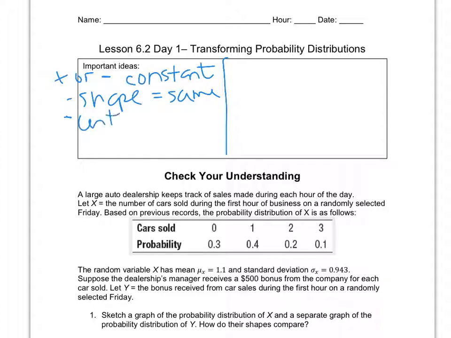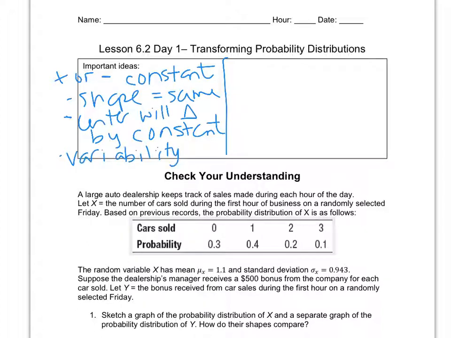The center will change by the constant, so whatever I added or subtracted to it. And my spread, or my variability, that variety within the data, is also going to stay the same.